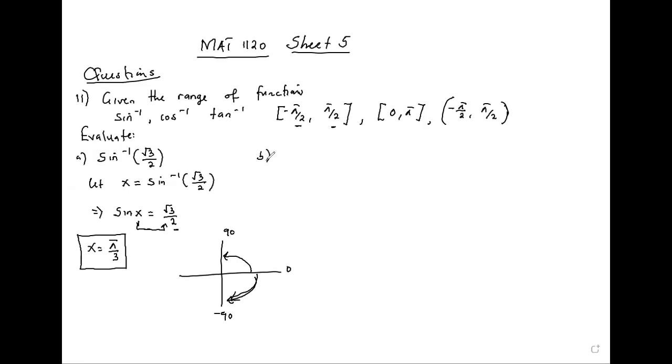Then (b), tan inverse of negative root 3. If it's negative, then we know tan is negative in the second and fourth quadrants. Let x be tan inverse of negative root 3, which becomes tan x is equal to negative root 3. So what's happening?